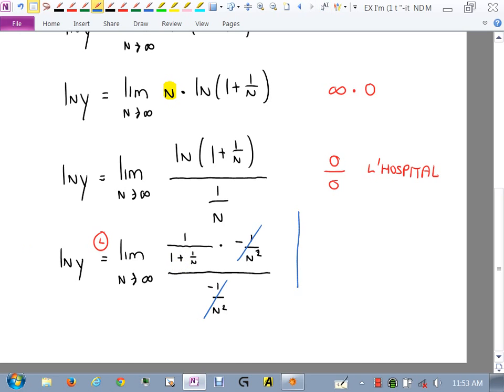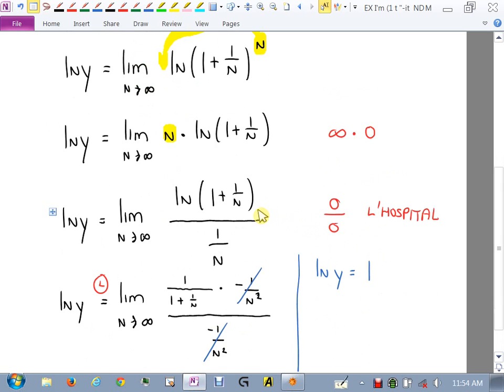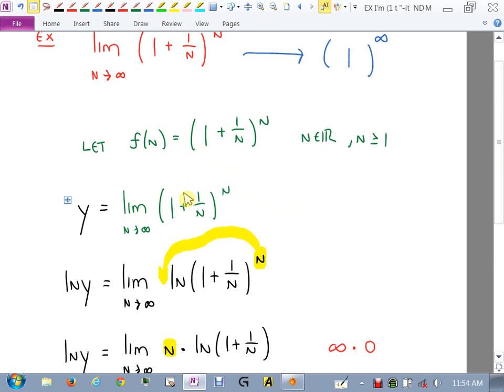I'll put that over here. I don't want to do a new page. I have natural log y, that's the left side of the equation, equals 1. And remember what it is that we were looking for. Way up at the beginning of the problem, I said, look, this limit that I'm trying to find, I'm going to call it y. I did that out of nowhere because I knew I needed natural log on both sides.